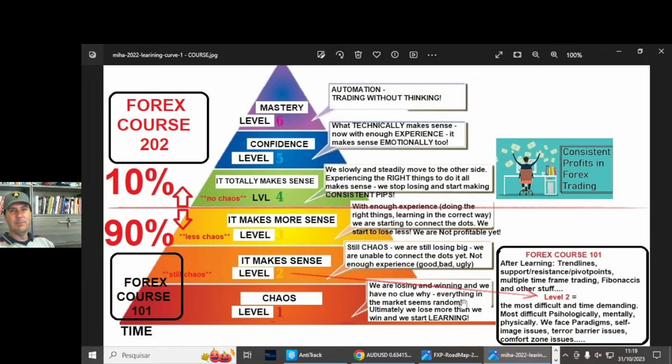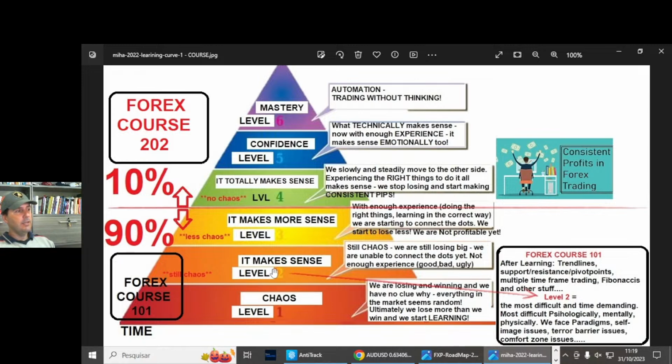Everything seems random, right? You are making money, but then you're losing money, and making money and losing money, and you don't quite figure out what the heck is what. Everything is random. Ultimately, we lose more than we win, and we start learning. So, alright, I'm going to find somebody who knows what he's talking about, potentially has numbers, and you start learning.